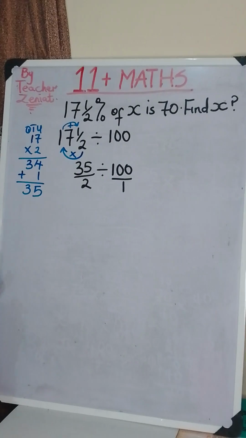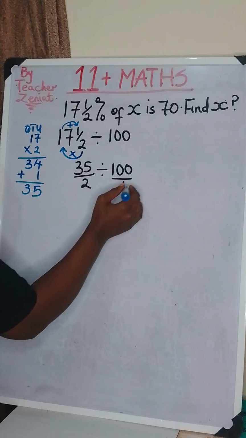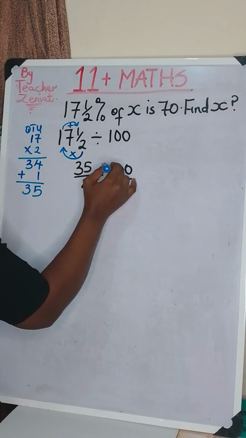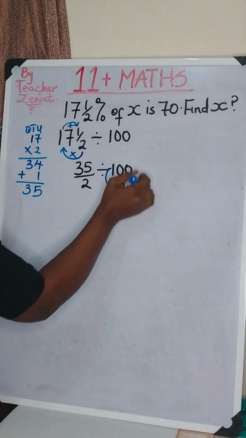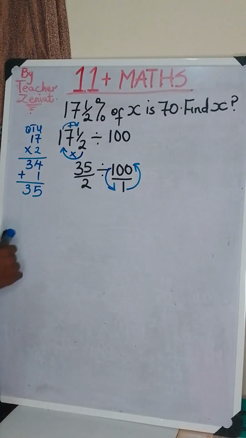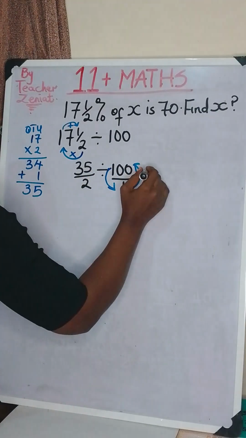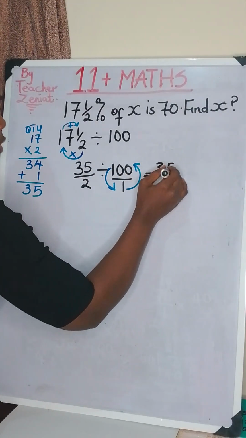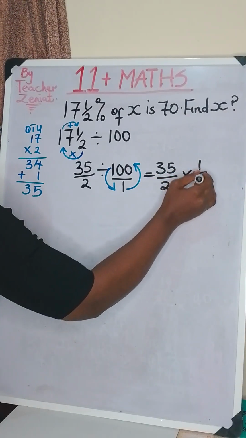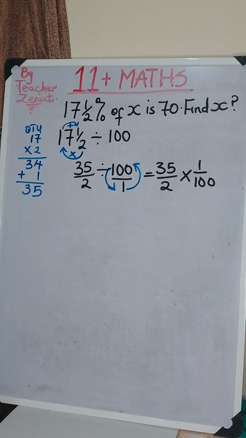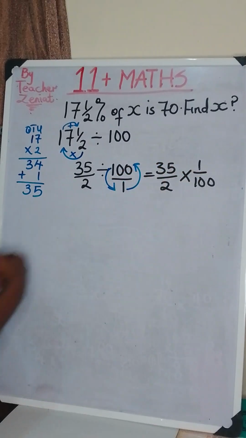And when we are doing that, this numerator is going to flip to the denominator, while the denominator will flip to the numerator, so that we will have 35 over 2 times 1 over 100.